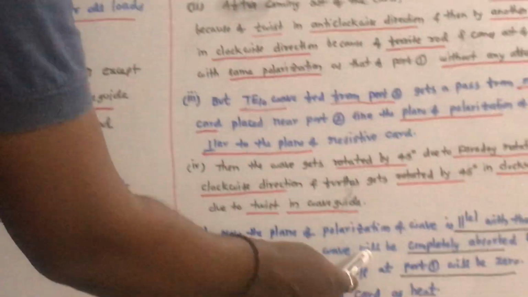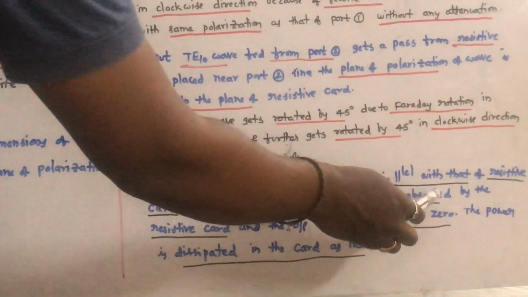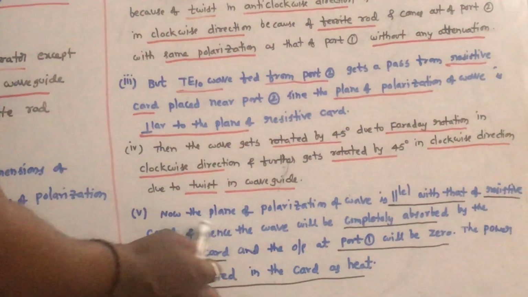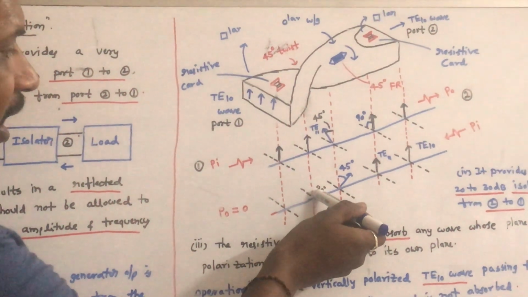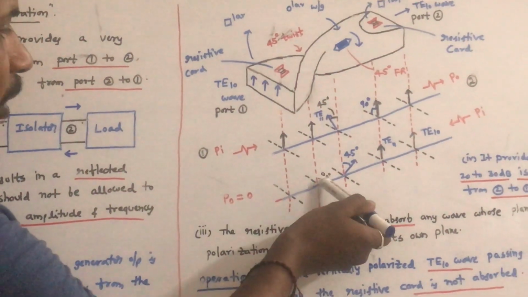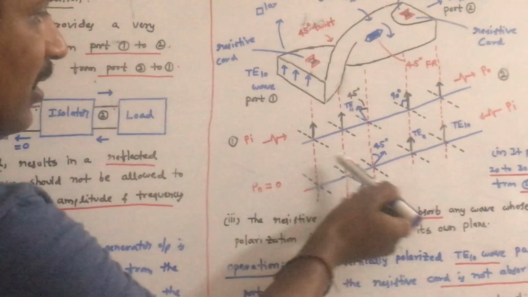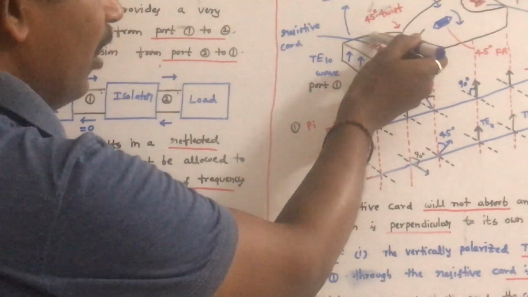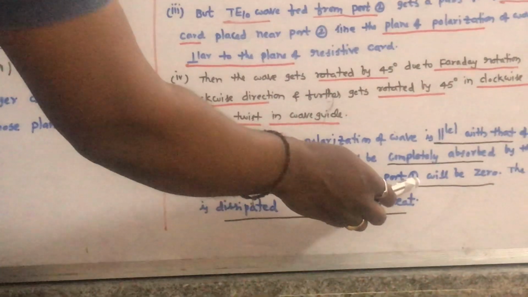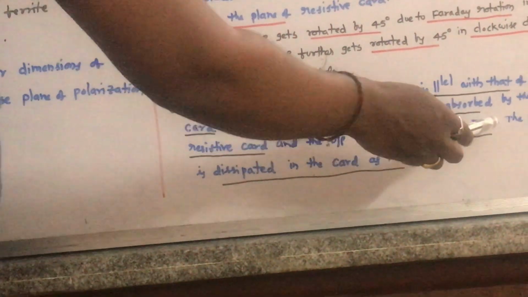Hence the wave will be completely absorbed by this resistive card. Since the plane of polarization of the wave is parallel to this resistive card, the component is completely absorbed by it. And the output at port 1 will be 0.